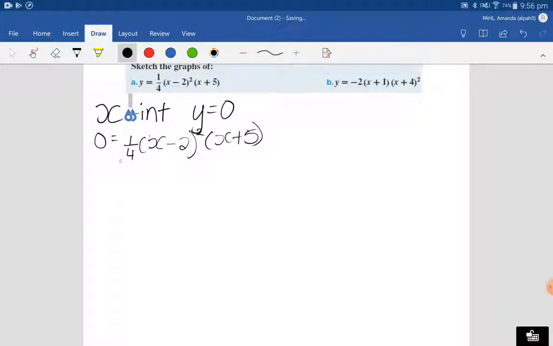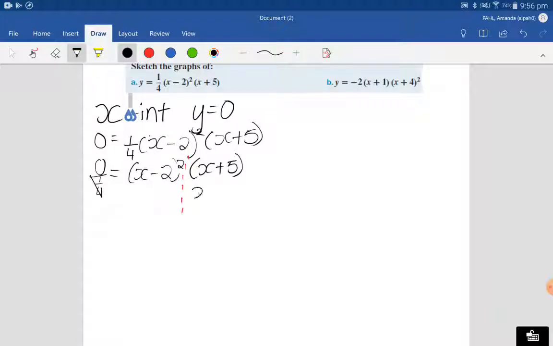Awesome, so bring over the 1 over 4. Well, 0 divided by anything is still 0, so 0 equals (x − 2) squared (x + 5). Awesome. So this is where we apply the null factor property, and I'm going to chop this equation in half.